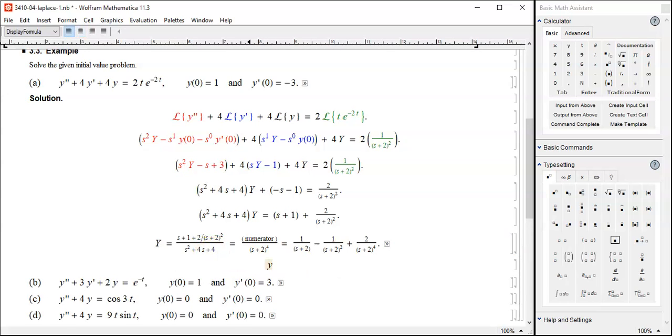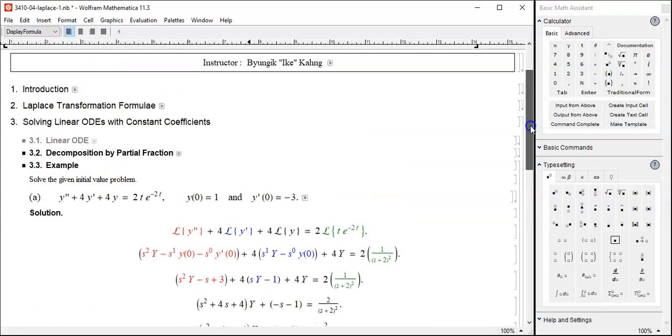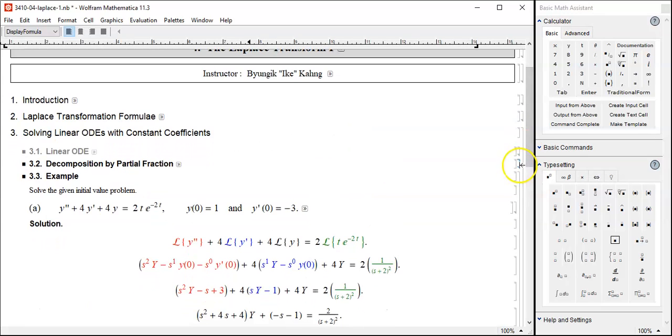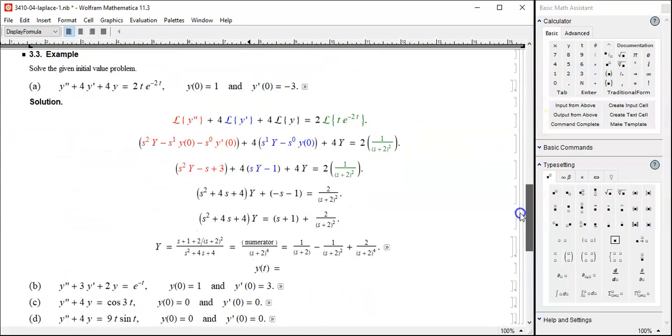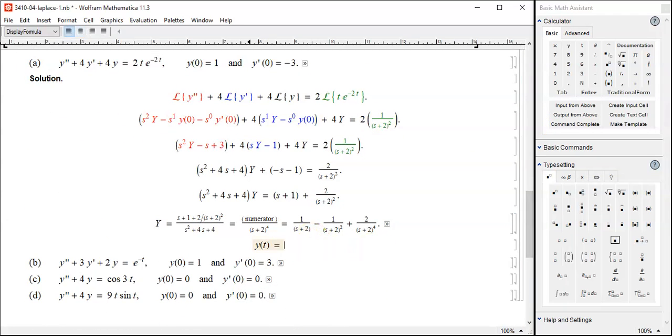Okay, finally, let us take the Laplace inversion. So, go to the table again. 1 over S plus 2. What is it? Exponential. So, e to the negative 2t. So, this one, which I just highlighted in blue, gave me that.